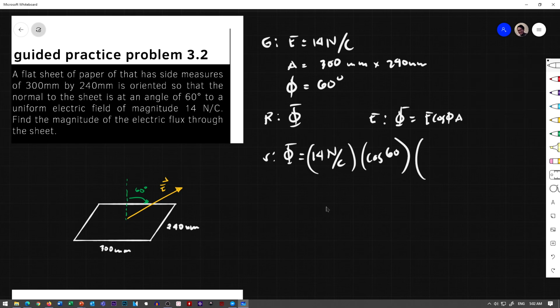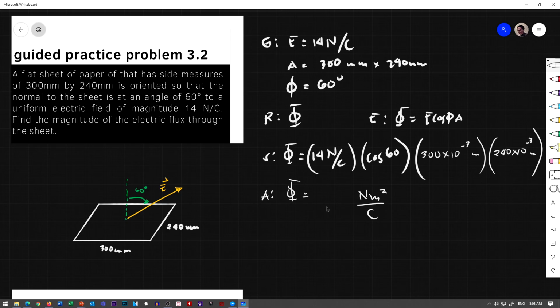That would be 300 times 10 raised to negative 3 meters multiplied by 240 times 10 raised to negative 3 meters. So that's it. For the answer, you can just proceed on solving this one up. There you go. So the final answer of this will have a unit of newton meter squared per coulomb.